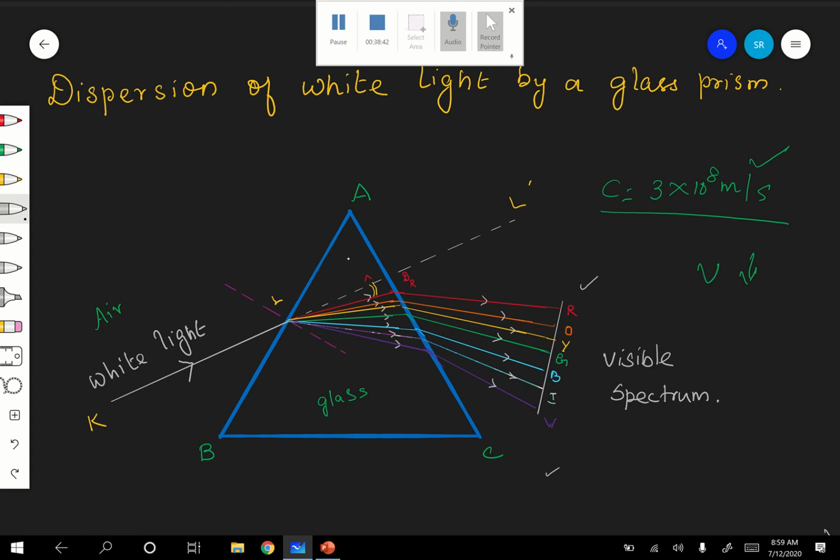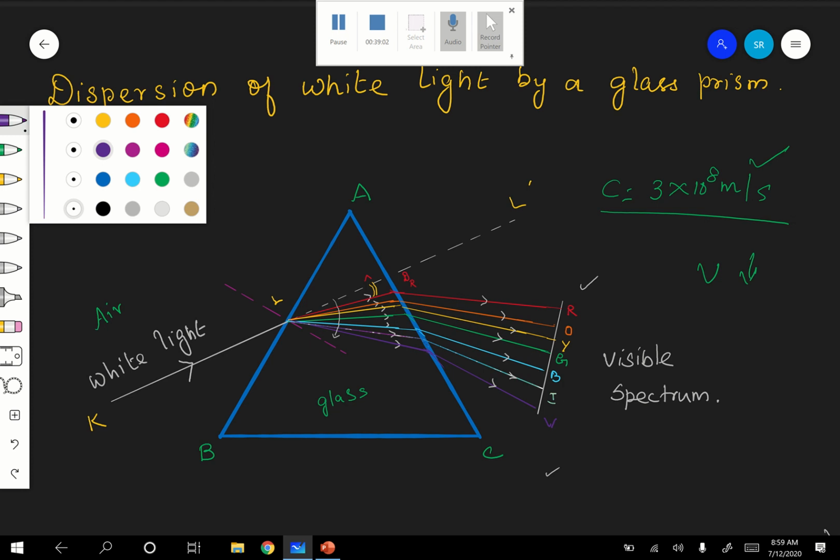Therefore, what is the deviation for violet? L dash is the original path, the path of the incident light. Therefore, this much, from here up to violet, is the deviation for violet. Okay?